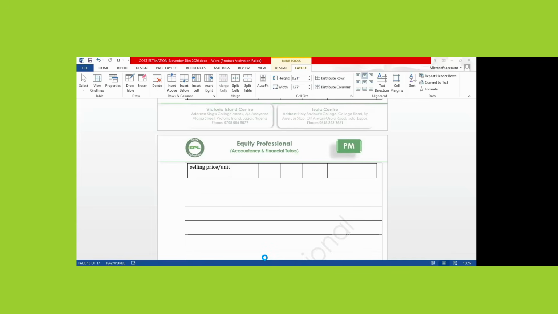So the objective of cost estimation is to guide management planning, to control costs, and to assist management in decision making. If you are to prepare budgets, you must understand how to estimate costs.